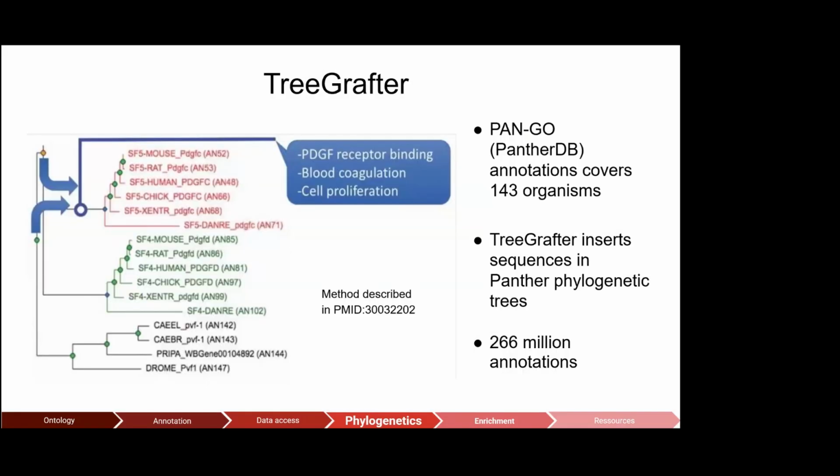So now, I showed you a nice project, but it's a manual project, and even if we increase the number of species, we cannot annotate all the species from the tree of life. Of course, this is obvious. So for the moment, in our trees, we have 143 organisms.